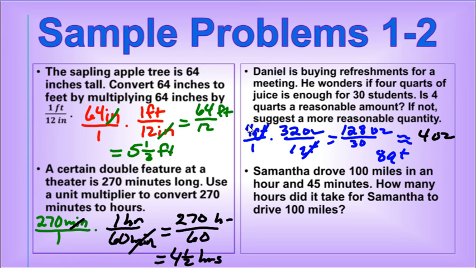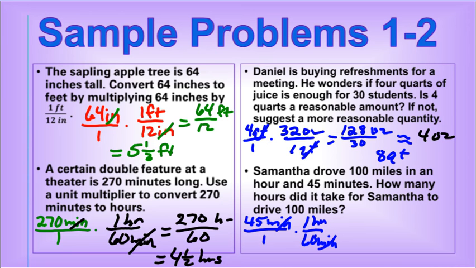Last one, Samantha drove 100 miles in an hour and 45 minutes. How many hours did it take for Samantha to drive 100 miles? So first off, we need to change 45 minutes to an hour. So we have 45 minutes over 1 times 1 hour over 60 minutes.